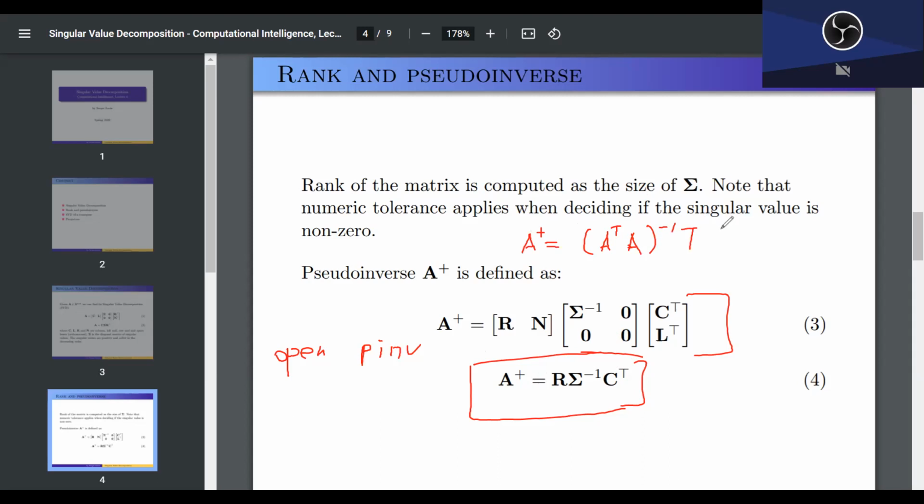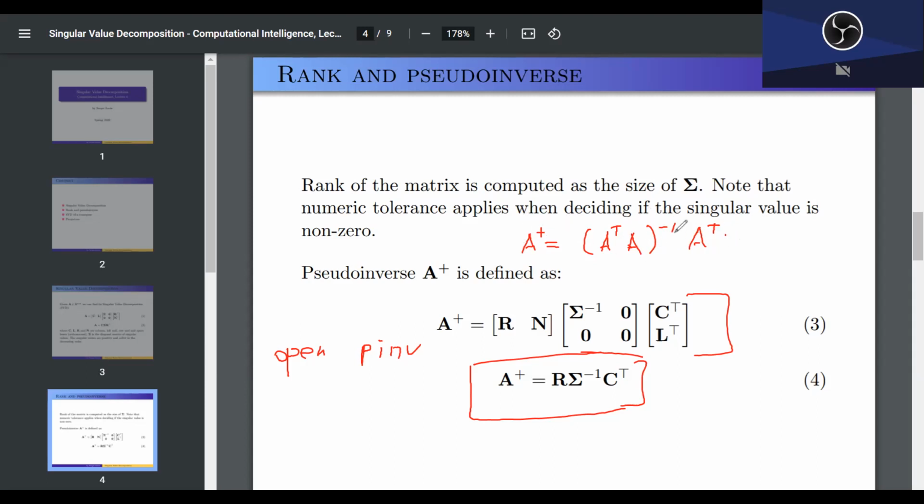And I think it would be like this. Right? I think so. Whatever. So anyway, this is the formula that exists for pseudo inverse.